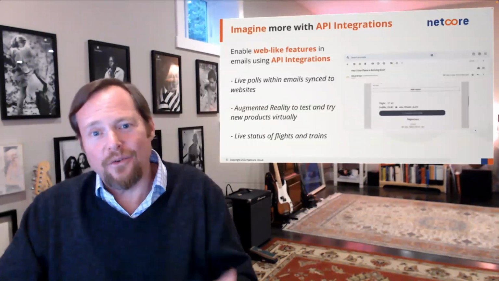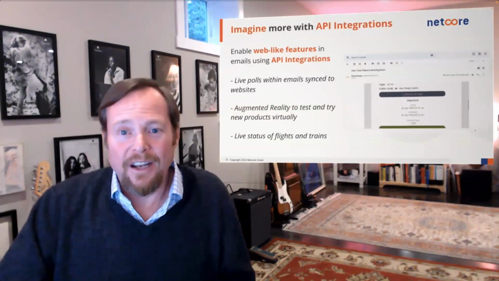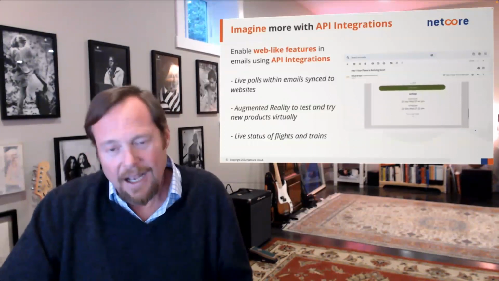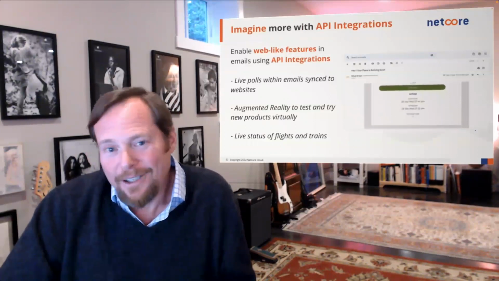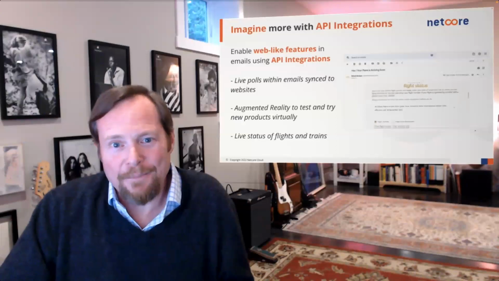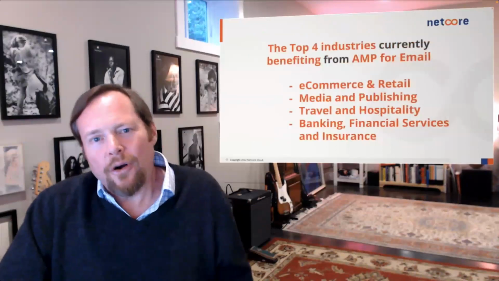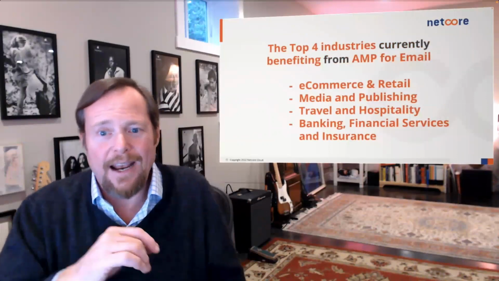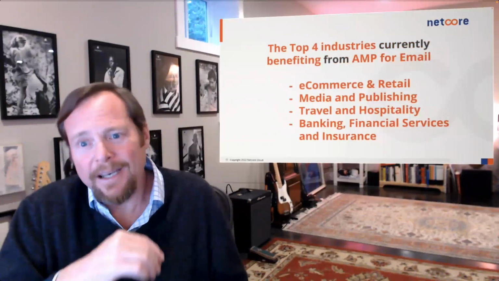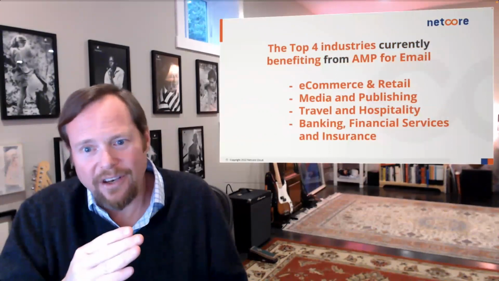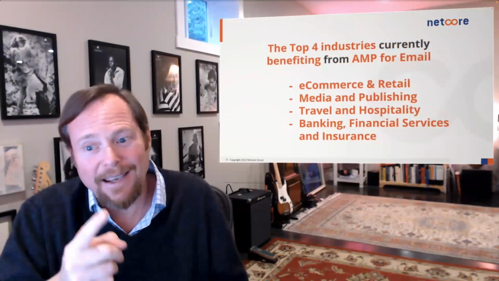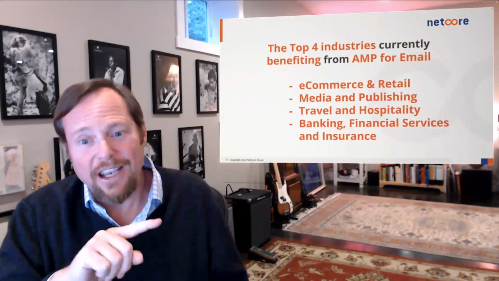All of these sources of data can be updated in real time through APIs in the inbox itself, making really one's imagination the limit. So currently at Netcore, we see the top 4 industries benefiting from AMP at the moment: e-commerce, retail, tons of use cases there; media publishing, sweet spot; travel, hospitality; banking, financial services; insurance.